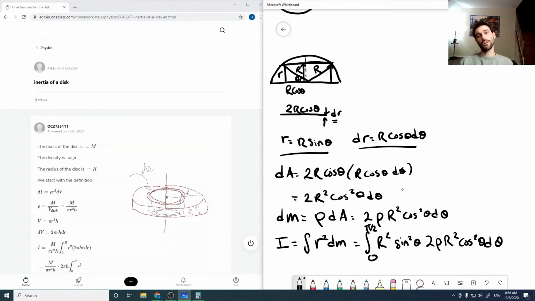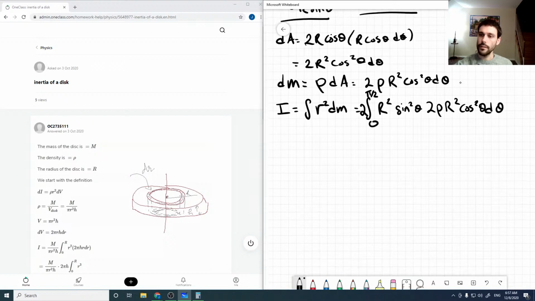But now if we look, I'm only doing half of the disk. So to get the other half of the disk, we just need to multiply this by 2. So our moment of inertia is going to be 2 times this integral from 0 to pi over 2 of all these terms.